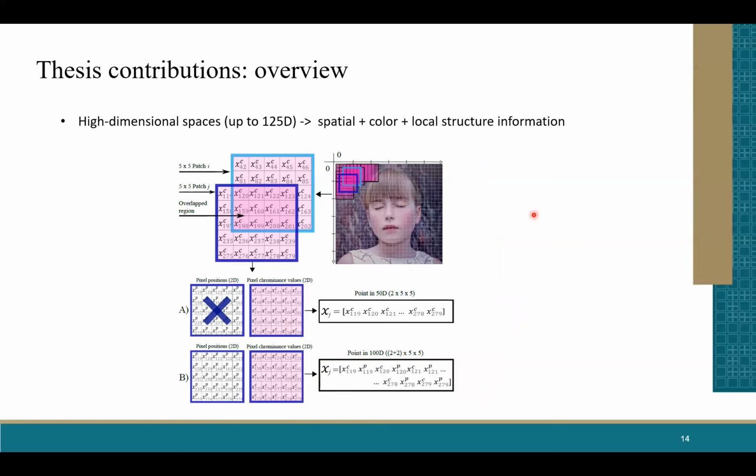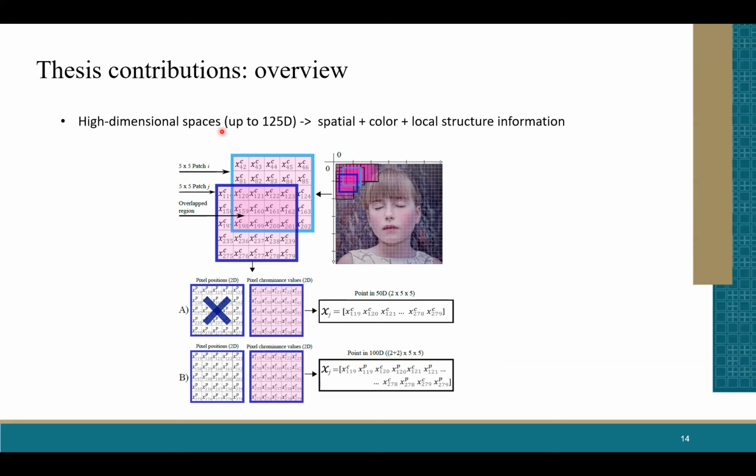So our proposed transfer functions are guided by high dimensional point representation, encoding content information such as color and spatial information, and also local structure. To show the potential of these mappings, we applied them to color transfer between two images that exhibit an overlapping scene.